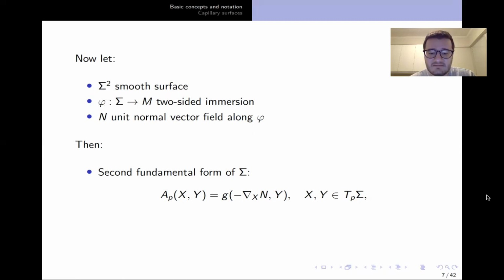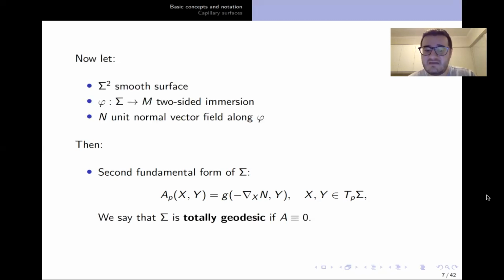This operator, which is the derivative of the normal vector field, is called the shape operator, which will be used in the sequel. We say that Σ is totally geodesic whenever A is identically 0. This means intuitively that Σ doesn't curve inside M, or that geodesics of M that start tangent to Σ stay tangent to Σ whenever they are defined.